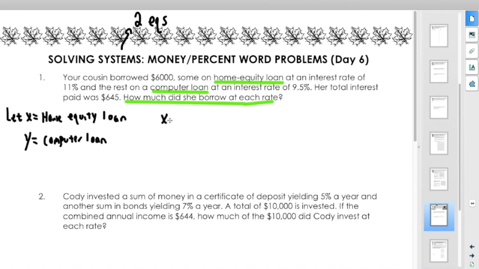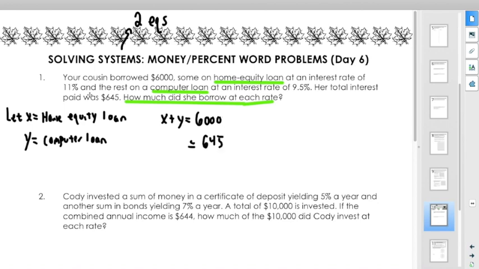So I know it should be x plus y equals 6,000. So that's good. And then it's saying that the home equity loan had an interest rate of 11% and the computer loan had an interest rate of 9.5%, and that total interest was 645. So I know those two together should equal 645.